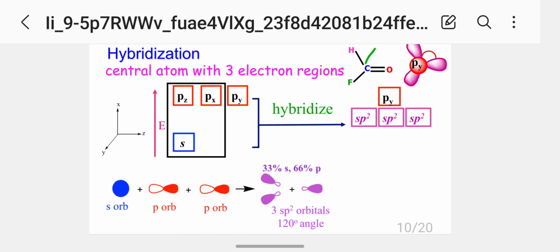So hybridization of a central atom with 3 electron regions will happen in such a way that the 1 s will combine with Pz and Px, and Py will remain alone, which is a pure p orbital, and they will hybridize in such a way that 33% s character and 66% p character of the orbitals will participate in combination of atomic orbitals.